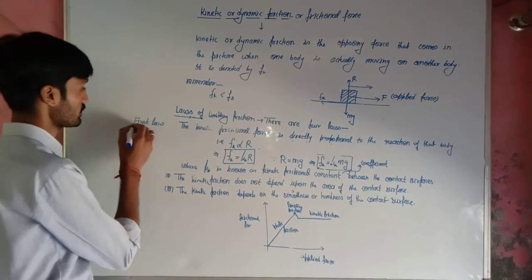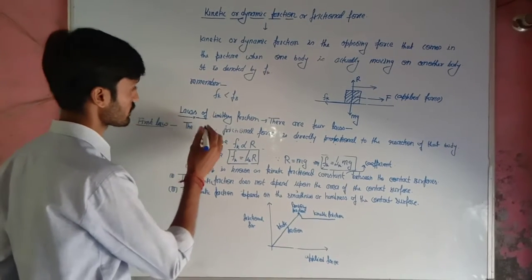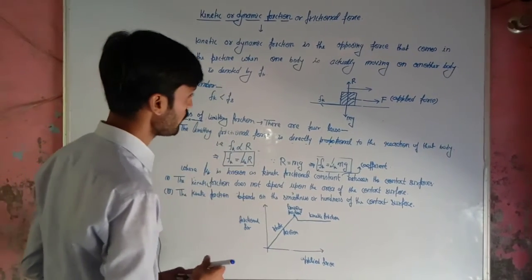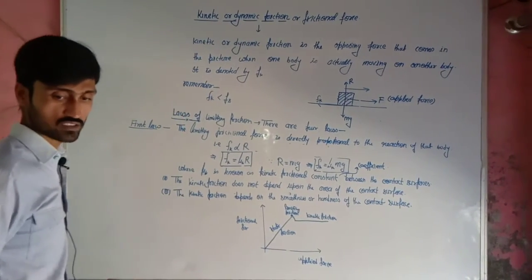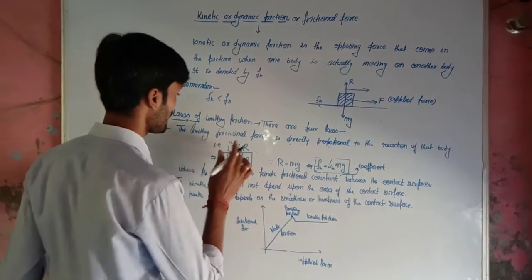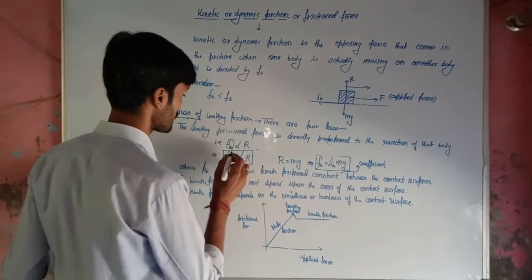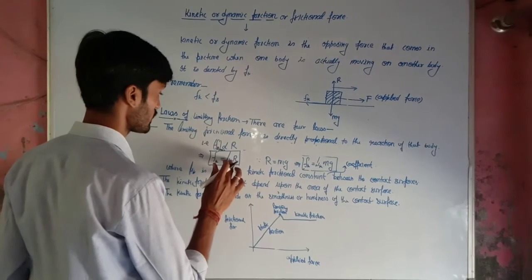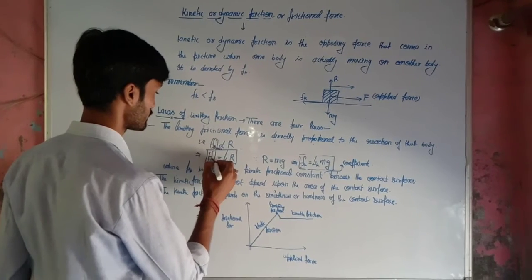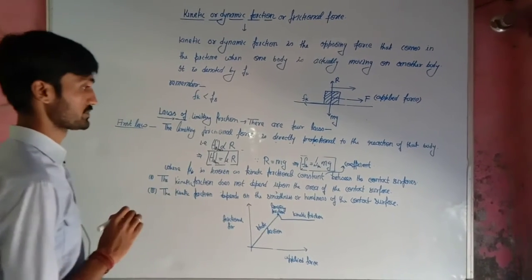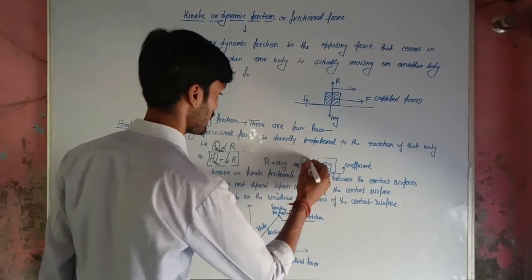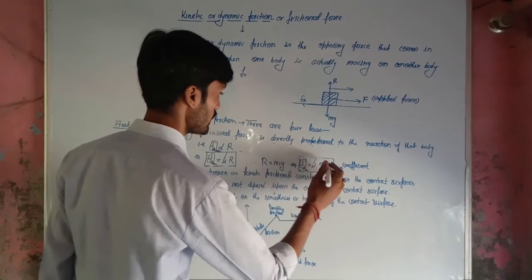First law, the limiting frictional force is directly proportional to the reaction, right here, Fs maximum equals mu R. R is mg, so this will be Fs maximum equals mu mg. Okay, remember this.